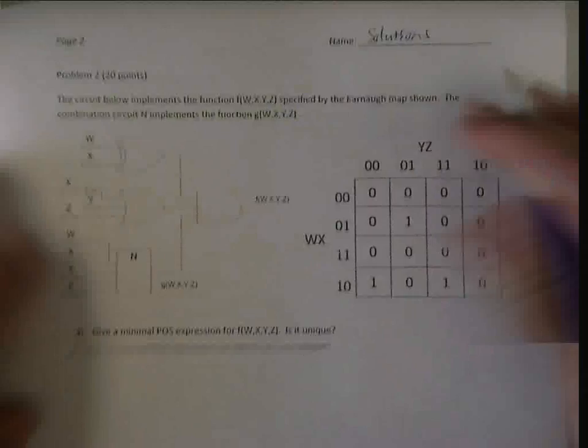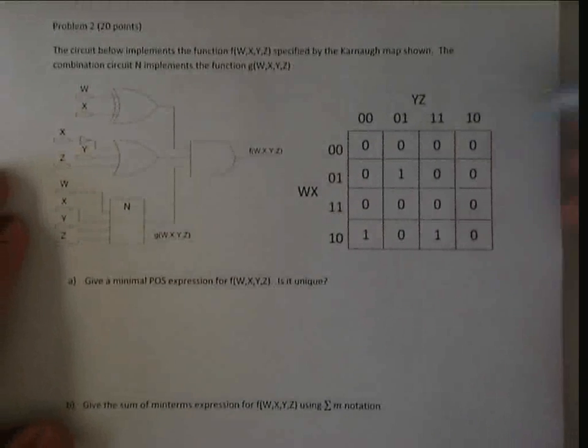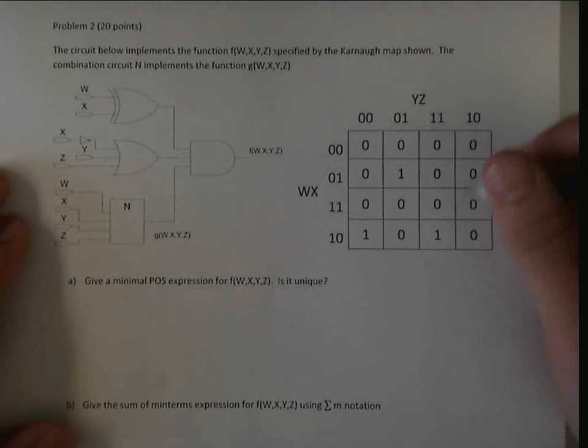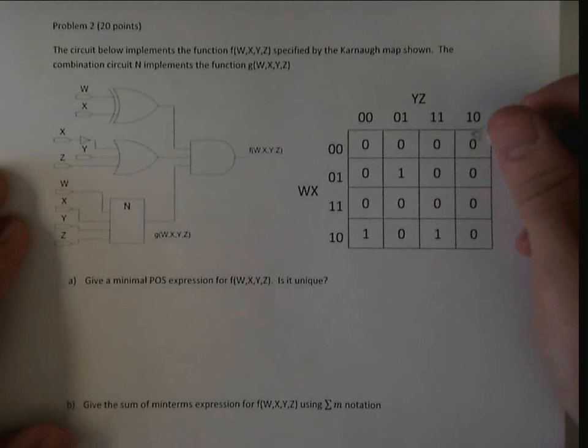And basically what we need to do is find a minimal POS given this K-map. So we just need to start finding our prime implicants. There's no 8-cell prime implicant that I can circle, so I'll start with my 4s.